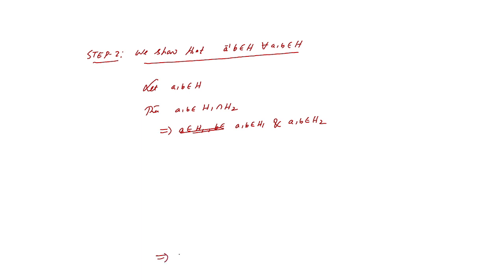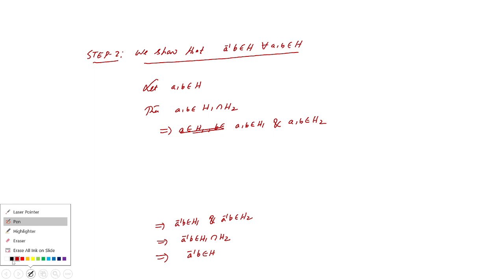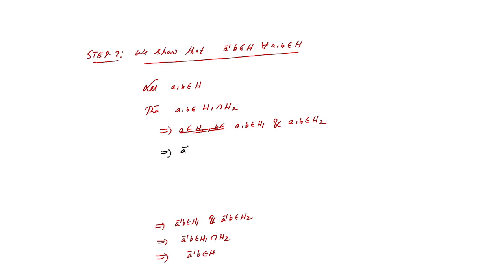What is our target? a inverse b belongs to H. That means we will show a inverse b belongs to H1 intersection H2, that is, a inverse b belongs to H1 and a inverse b belongs to H2. Since a, b belong to H1 and H1 is a subgroup of G, a inverse b belongs to H1.